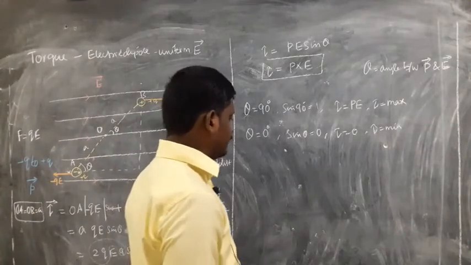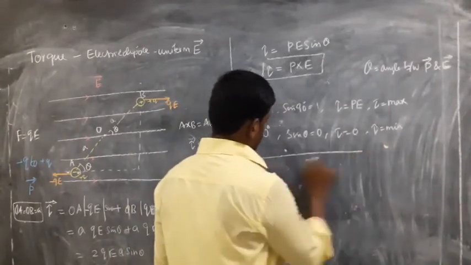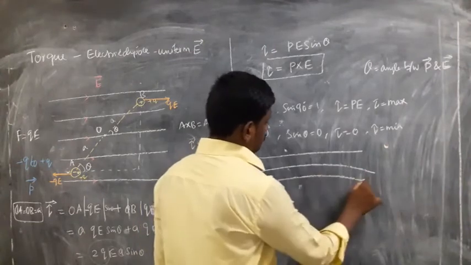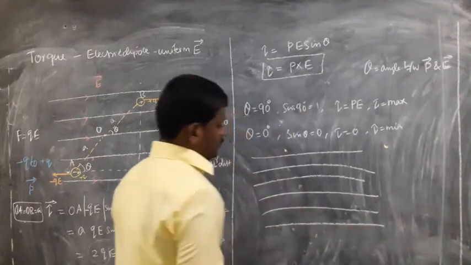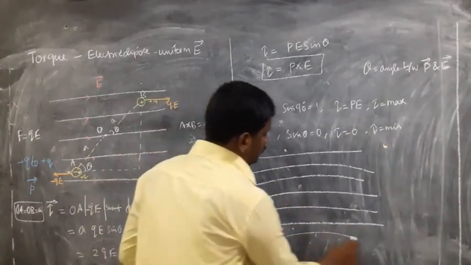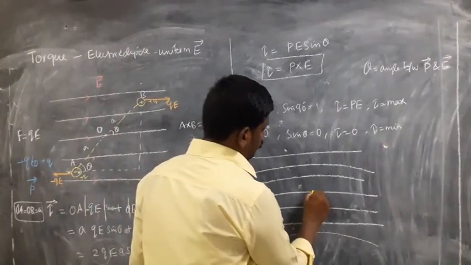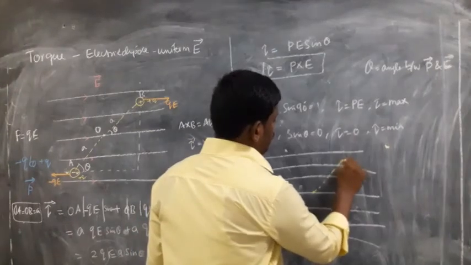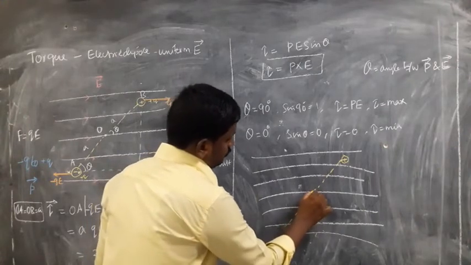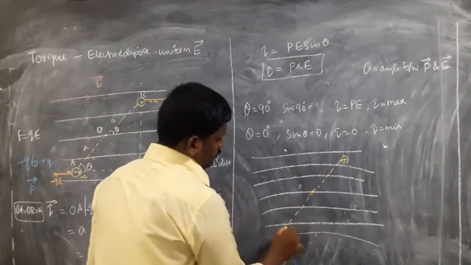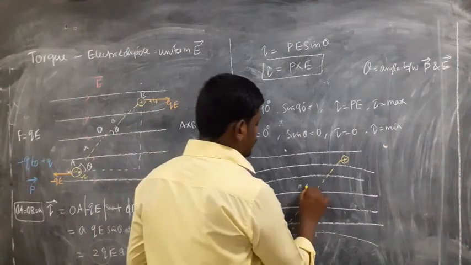In a non-uniform electric field, we place one dipole, plus q and minus q, which constitute an electric dipole.